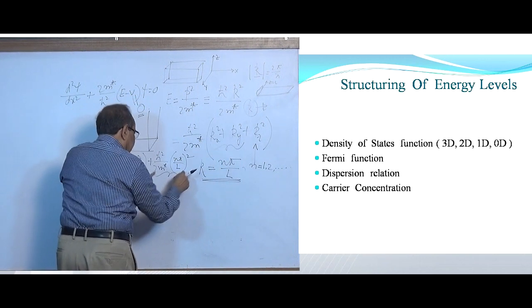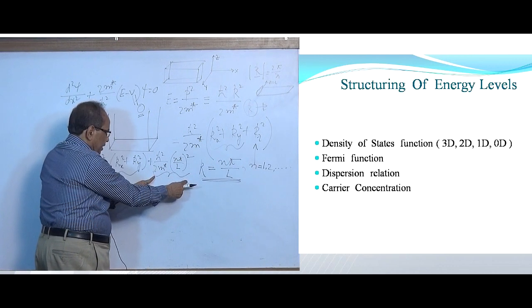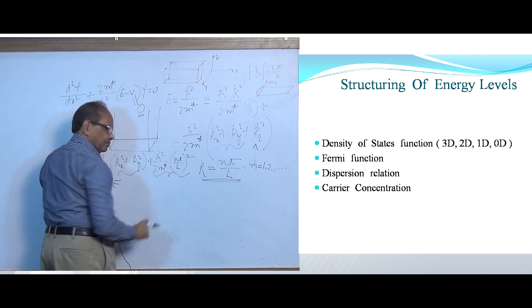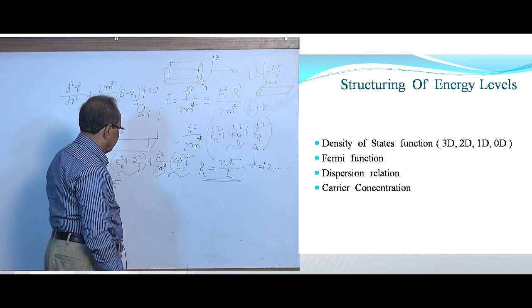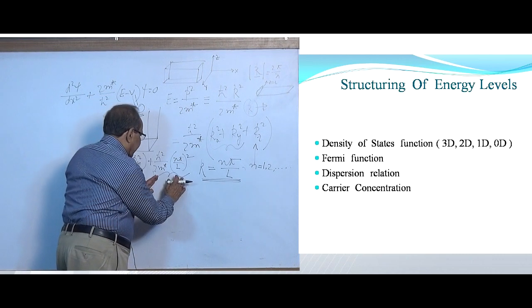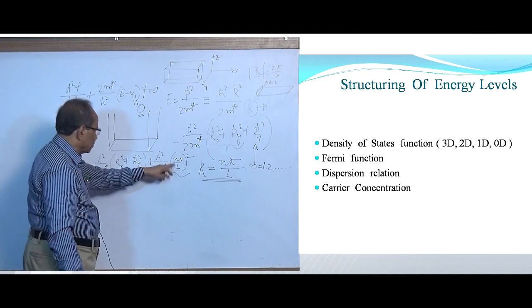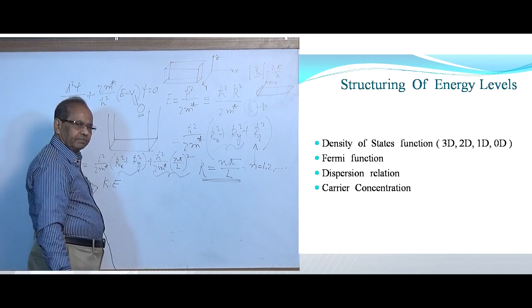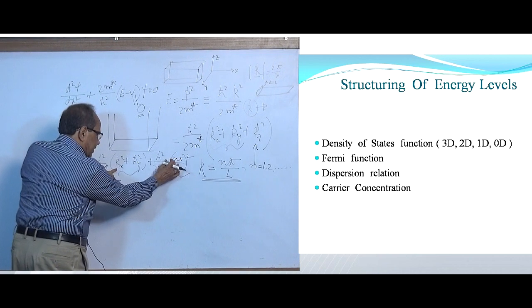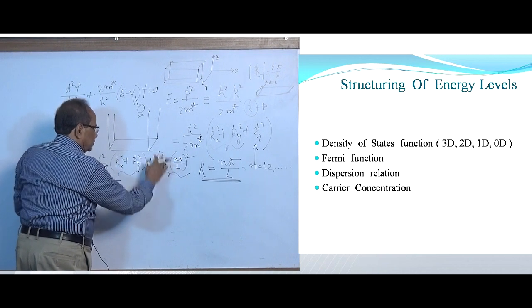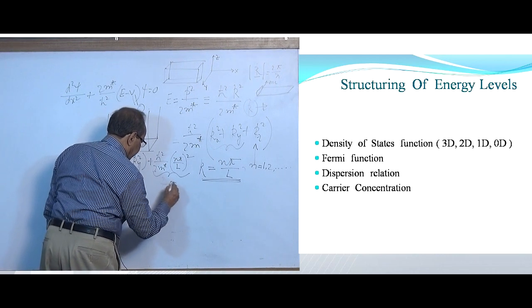This kz changes to this value, and this value is a constant value. For n equal to 1, one constant; for n equal to 2, another constant comes on. As there is no k as such here, it is not the momentum. K gets a fixed value. Now this fixed energy is actually the potential energy.